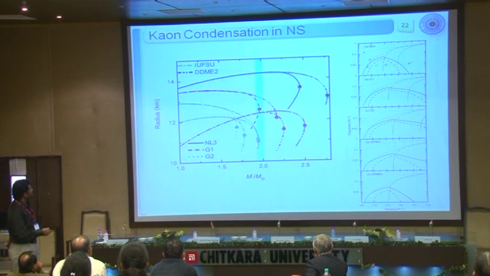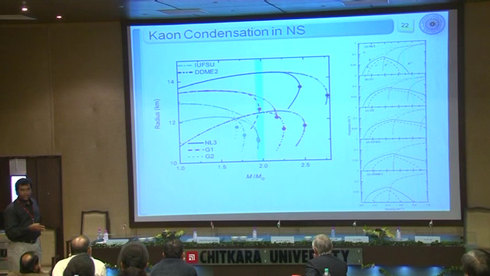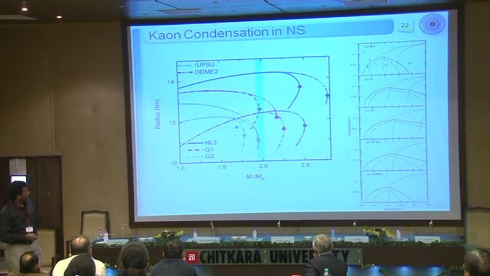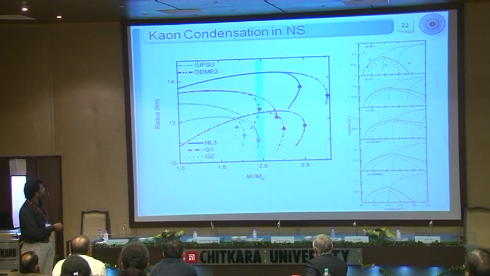But here we can see that G2 and IUFSU suggest the same maximum mass and same radius, though their symmetry energy is completely different. So here we see one exception to this correlation. But of course, when you introduce the antikaon, the correlation is still weak.